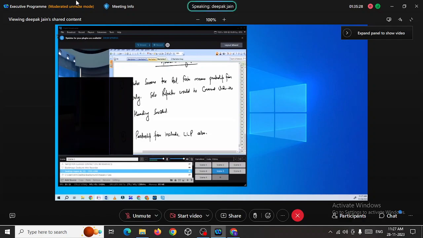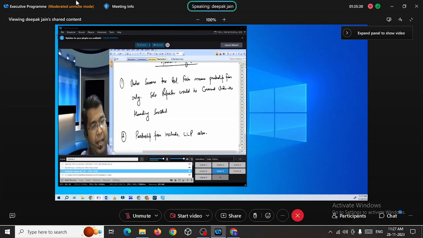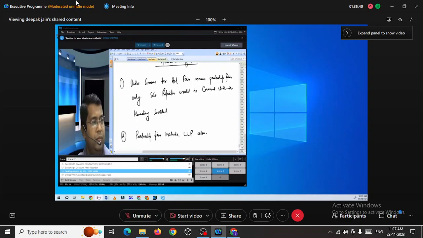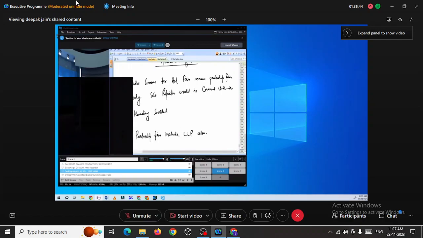In the eyes of Income Tax Act, partnership firm and LLP are the same. Partnership firm includes LLP also.